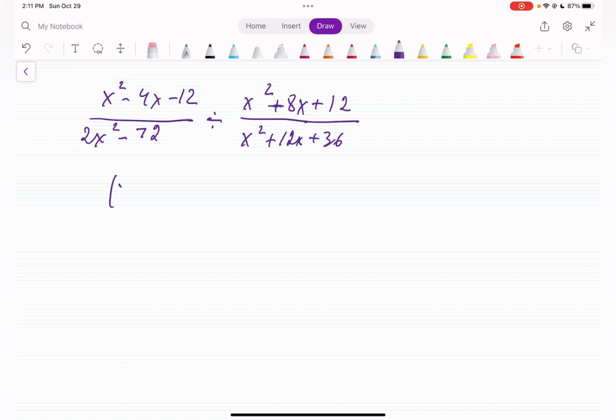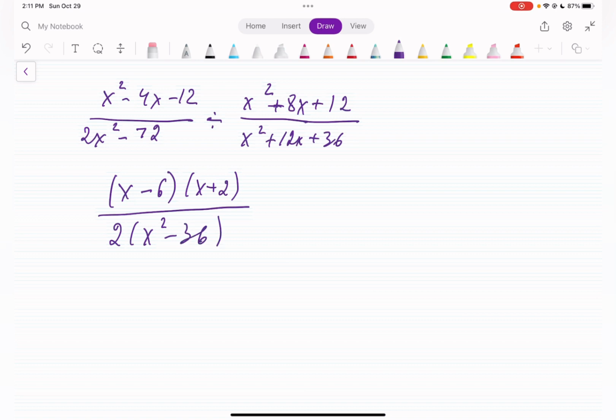Yes. It's going to be x minus 6 times x plus 2. And over, if I'm taking 2 out, I'm getting x squared minus 36, right? Which we can break down into x minus 6 and x plus 6, right? A squared minus b squared.